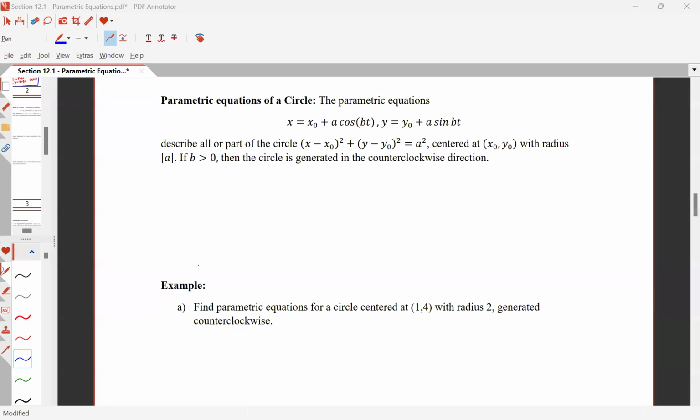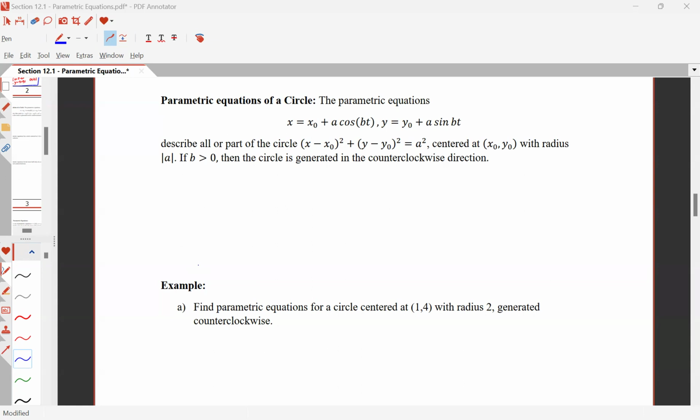Hello, in these videos, we are going to look at how we can find the parametric equations that describe a circle. We have actually seen some of these before. I mentioned them in the first video, that the unit circle is parametric equations.